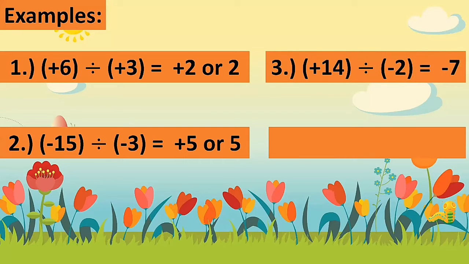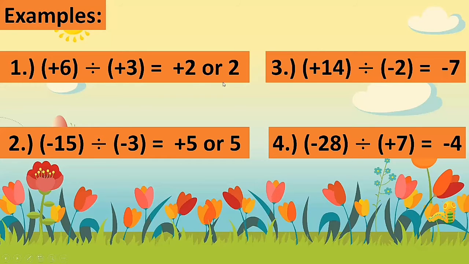Number 3, we have positive 14 divided by negative 2 is equal to negative 7. And then the last one, we have negative 28 divided by positive 7 is equal to negative 4. In dividing, class, the answer is what we so-called quotient. The answer in division is quotient.